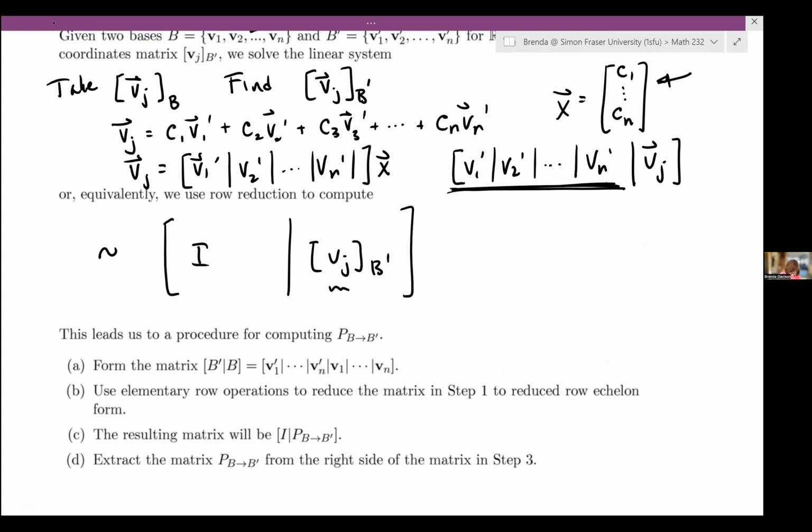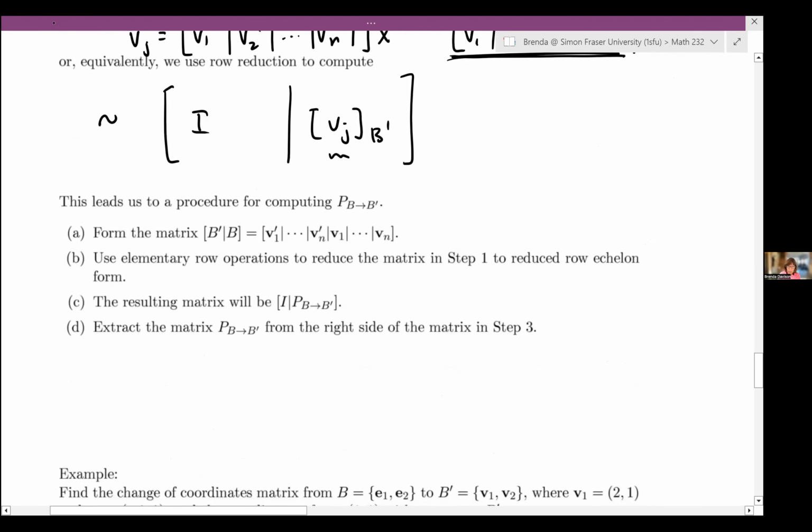So here's the procedure, the algorithm that you should be able to execute. You want to find the matrix for changing the basis from basis B to basis B prime. Here's what you do. You form a matrix. The columns of the matrix will be all of the vectors in B prime, and then all of the vectors in B. Do it in the right order.